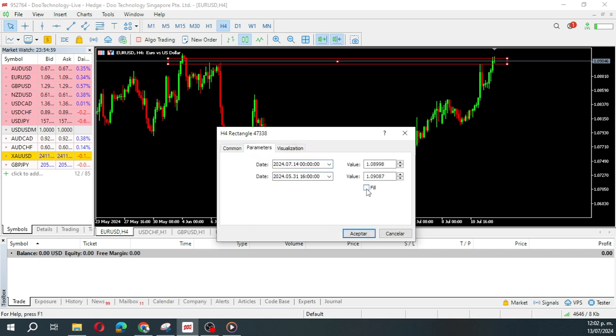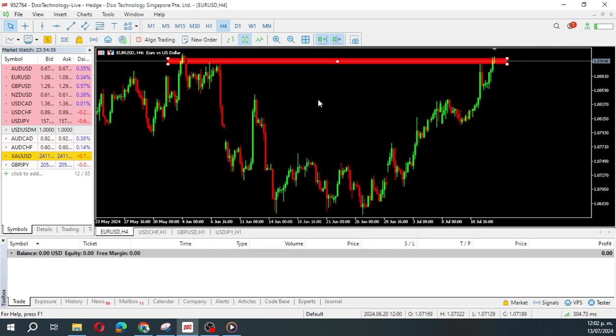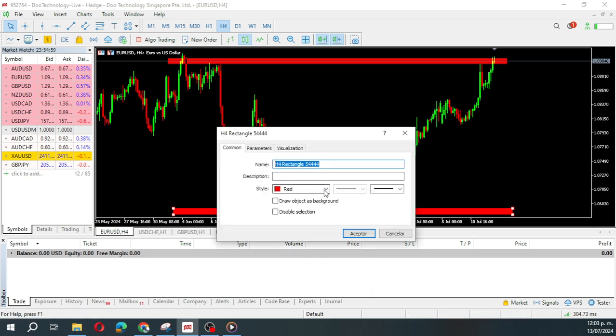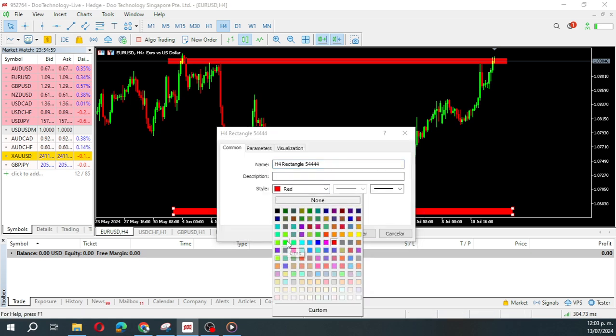Parameters and fill it. Right. So I want to draw again. So I'm going to use the control button on my computer, and right click and properties, but make it maybe with another color, maybe blue.